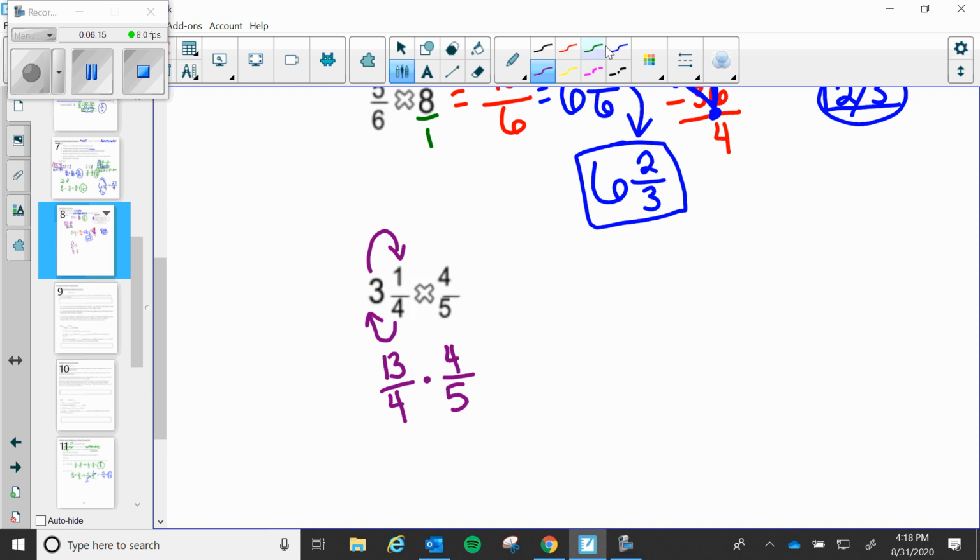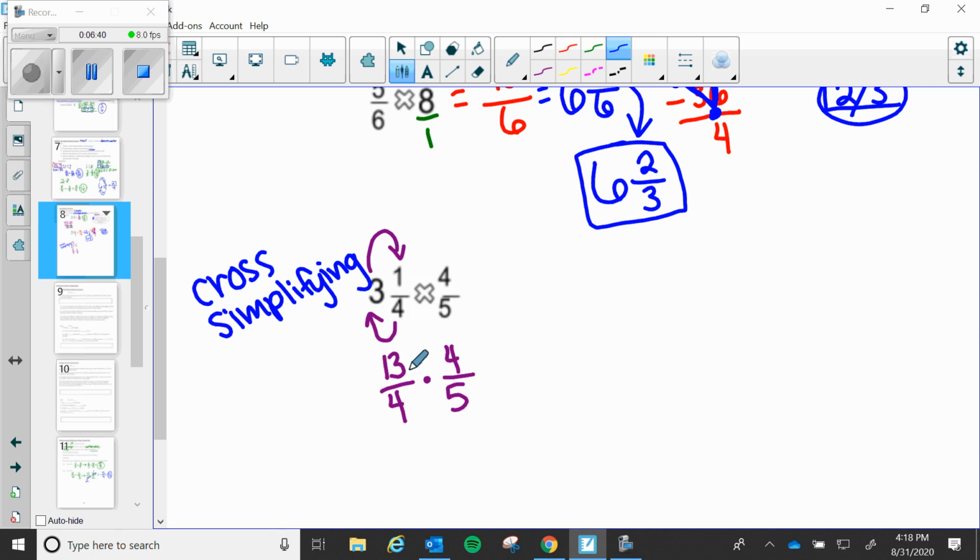Perfect. So now I actually want to show you a way that you can simplify this before you even have to multiply. It's called cross simplifying. And it has a very similar strategy as GCF.